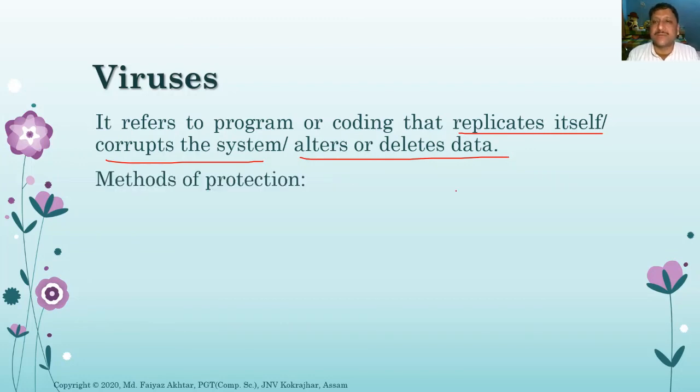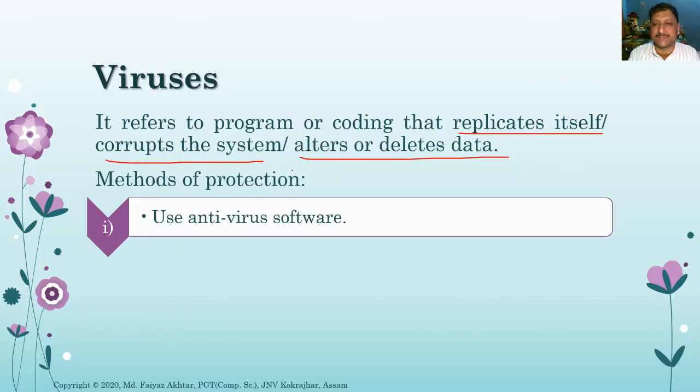Now next, how to protect from viruses. First, use antivirus software. Antivirus software is a must if you are using the internet, because viruses may get installed and affect your computer. So before using the internet, you must install antivirus software.